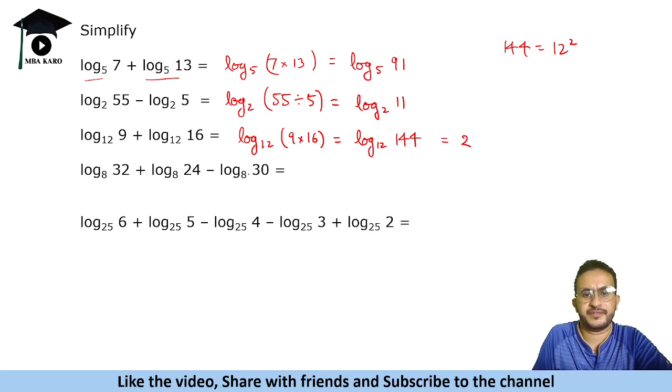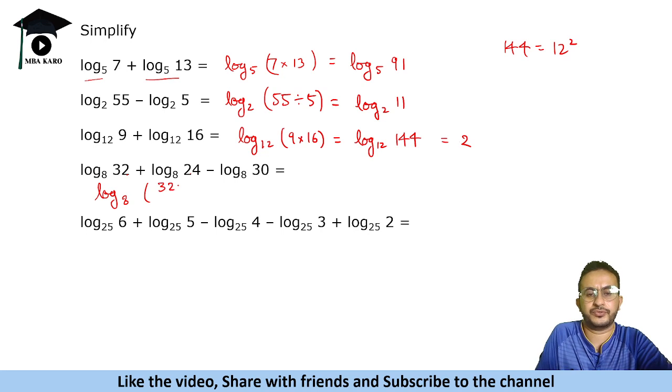So we can say that it is equal to 2 because 12 square is 144. Now let us say we have to simplify this. Log 8 is the base. This involves addition, so we will do 32 into 24, and this involves subtraction, that means we will divide by 30.